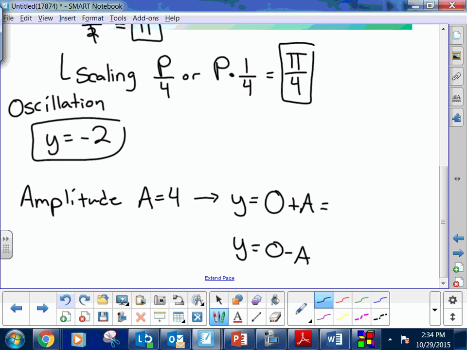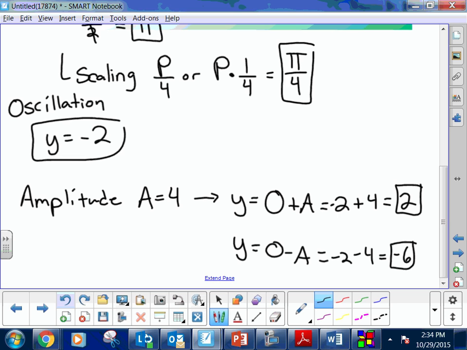Which means that you're going to take -2 and add 4, and take -2 and subtract 4, which means you get +2 as one of your answers and -6. So you're right, Ethan, about the -6. But did you say 2? Yeah. Oh, I didn't hear the 2.